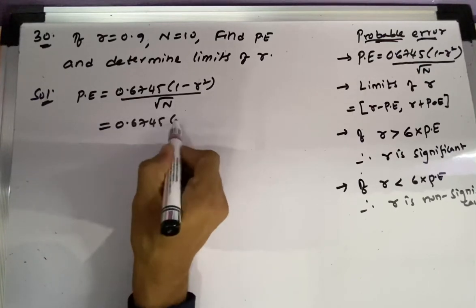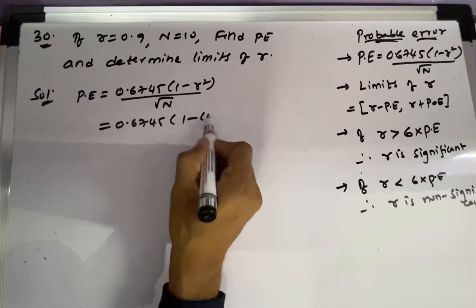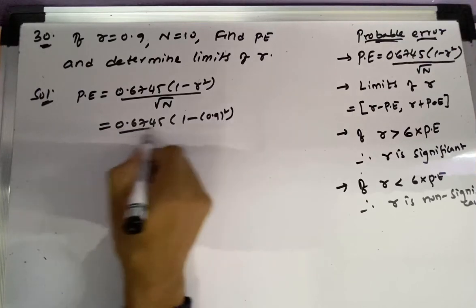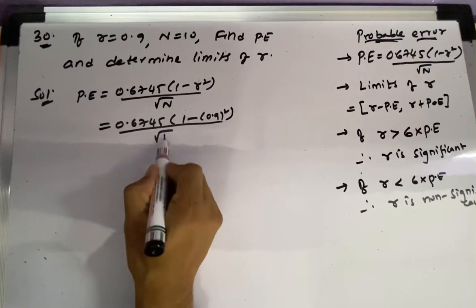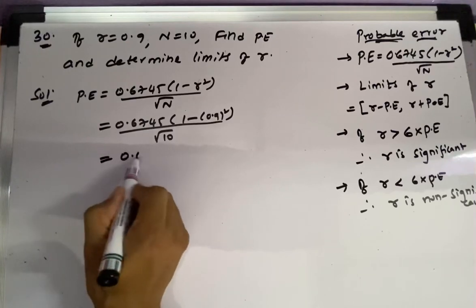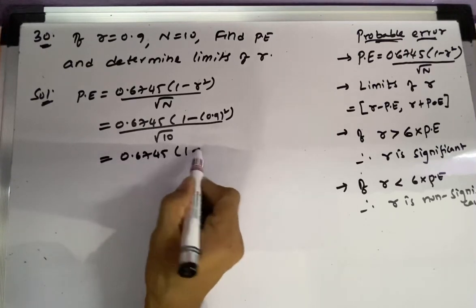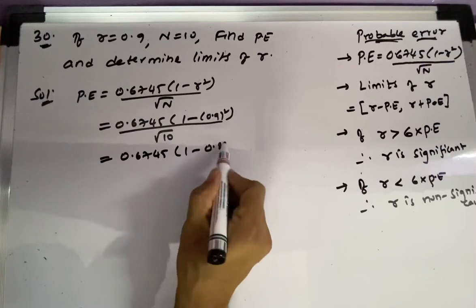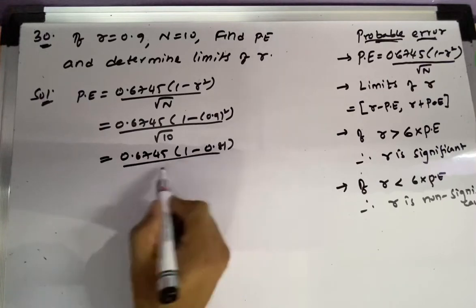0.6745 into (1 minus 0.9 whole square) divided by root of 10. So 0.6745 into (1 minus 0.81) divided by root 10.